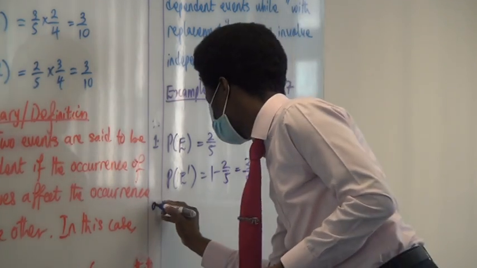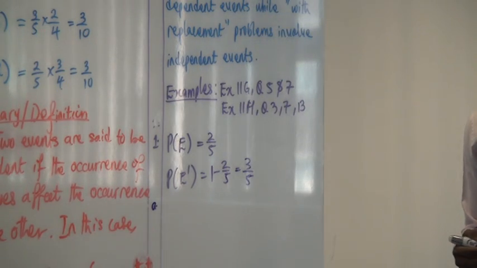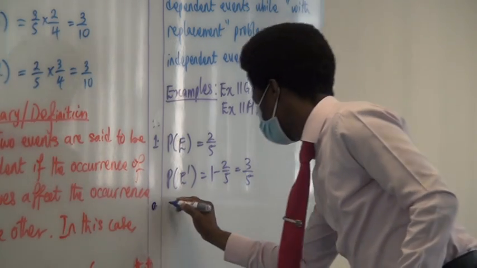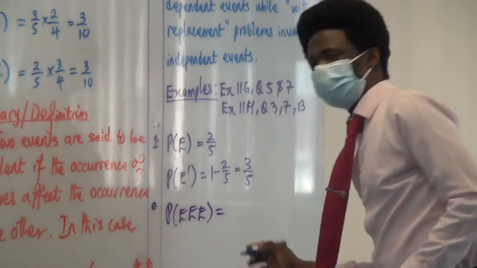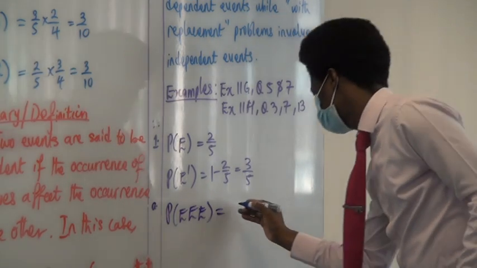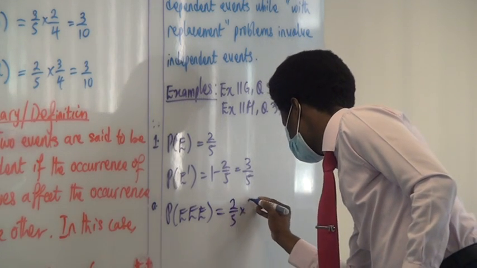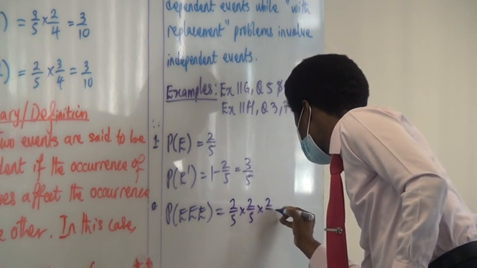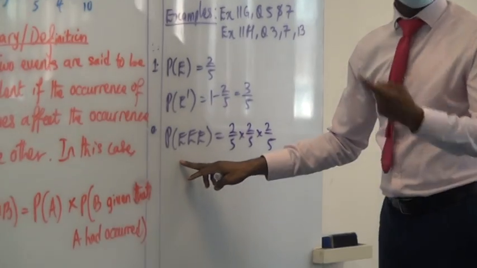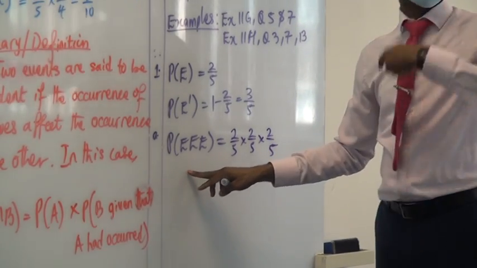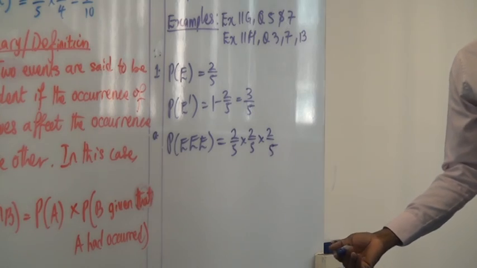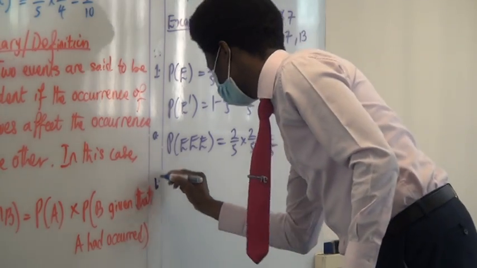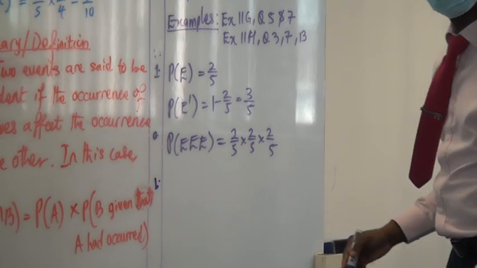So the first situation, every time, means probability of E, E, E. And that will just be 2 over 5 times 2 over 5 times 2 over 5, because basically it's probability of E times probability of E times probability of E, because they are independent. Understand?